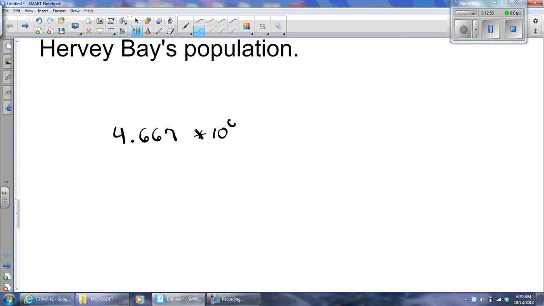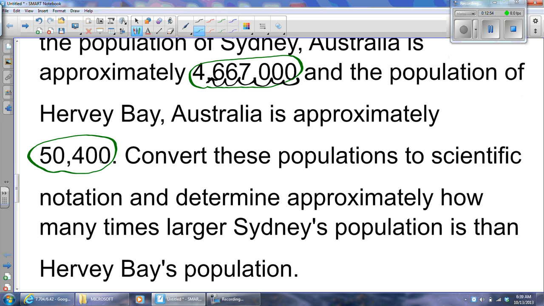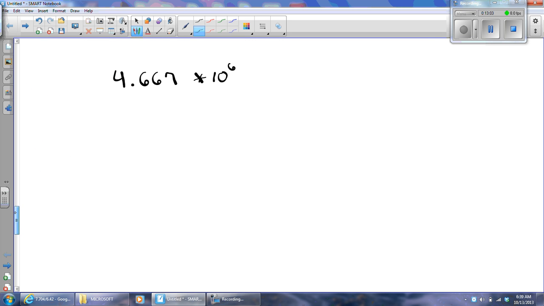Okay. Now this one is going to be 5.04 times 10 to the 1, 2, 3, 4. Is that right? Yeah. So I have divided by 5.04 times 10 to the fourth.